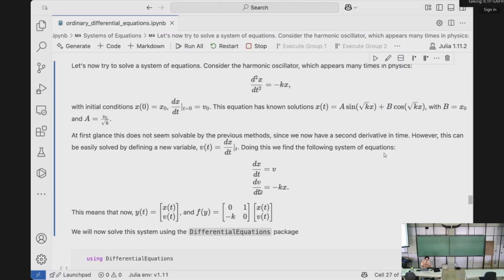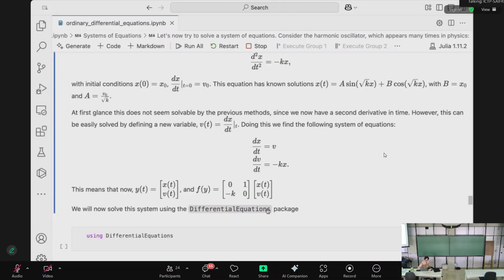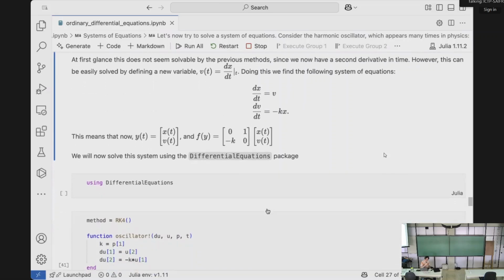So the derivative of the velocity is the acceleration. So now we can consider y of t to be a vector whose first component is the position and the second component is the velocity. And f of y is actually just y multiplied by this matrix here, with minus k and 1, right? And this is the system that we want to solve.